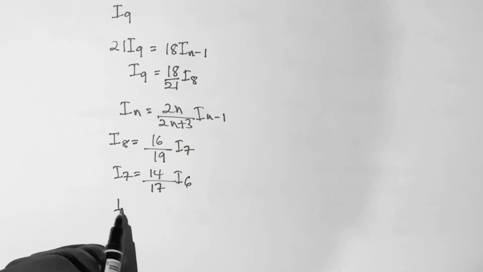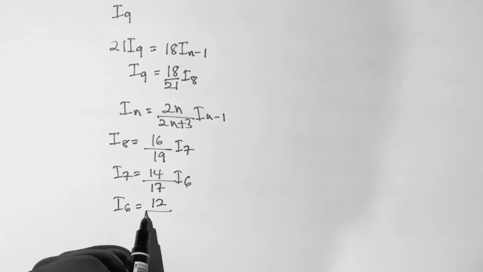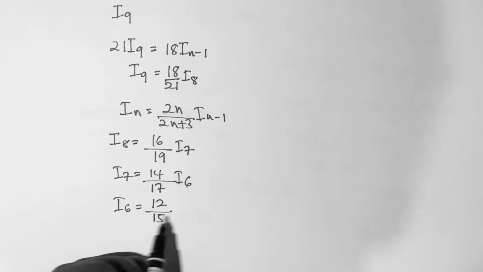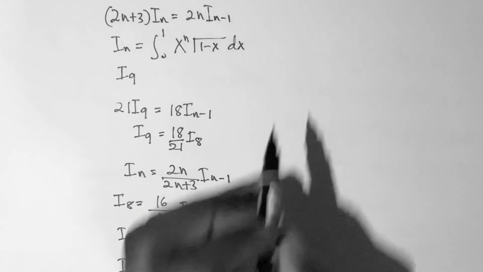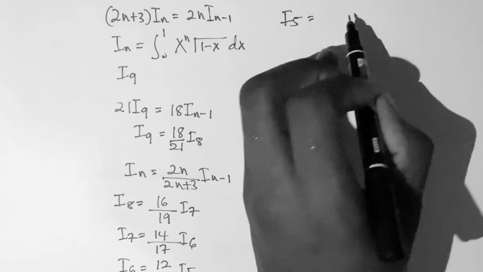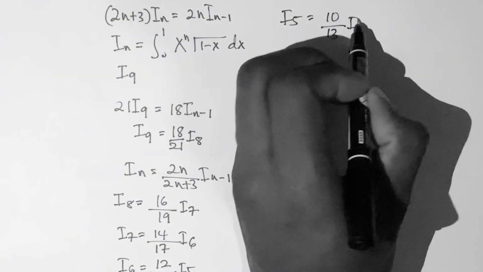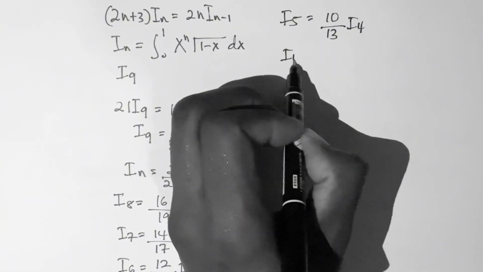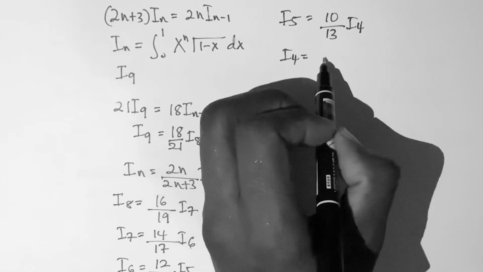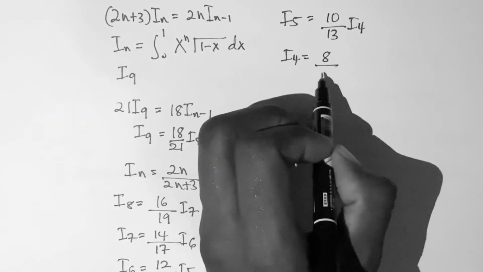And then I of 6 is equal to 2 times 6 is 12, and then 12 plus 3 is 15, I of 5. I of 5 is equal to 2 times 5 is 10, 10 plus 3 is 13, then I of 4. And I of 4 is equal to 2 times 4 is 8, divided by 8 plus 3, that is 11, I of 3.